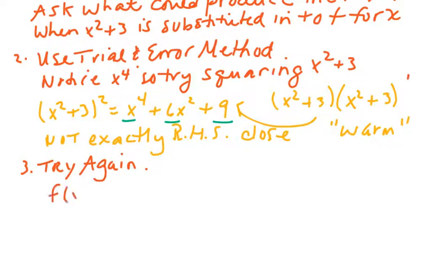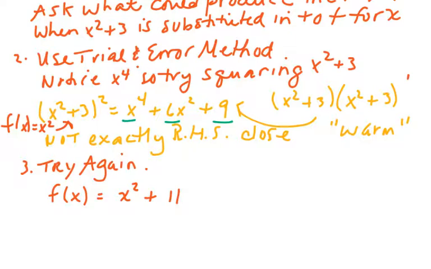Let's try f of x. This was f of x is equal to x squared. All that I did was square x when x is equal to x squared plus 3. So now I want to try f of x where we square it, so it would be x squared plus 11, because I'm off by 11. 20 minus 9 is 11.